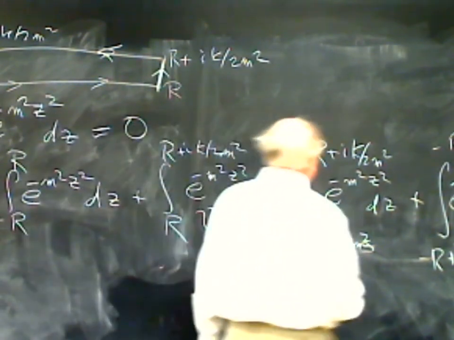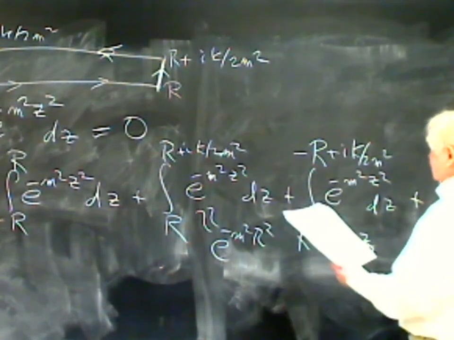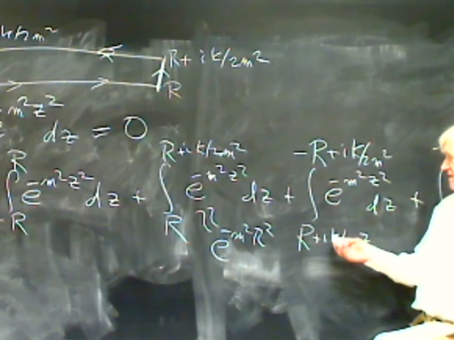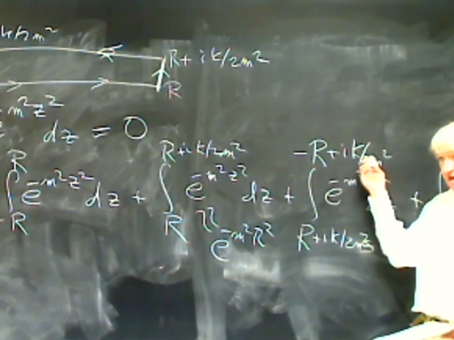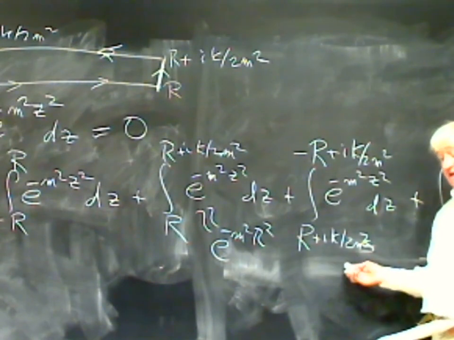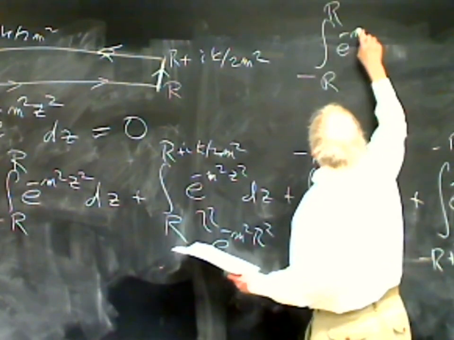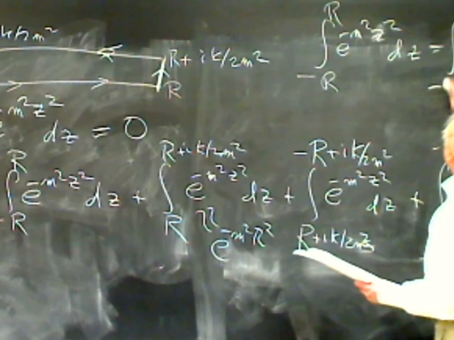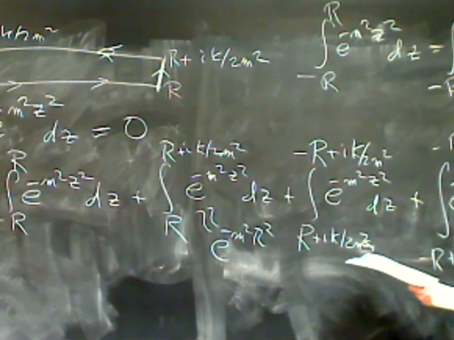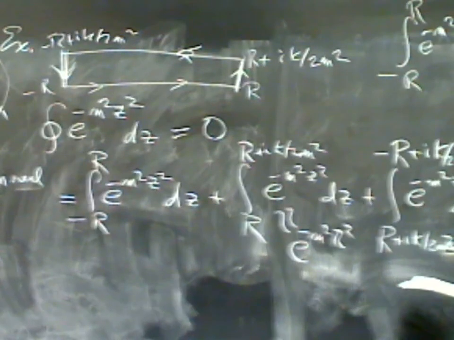And so what this tells you then is that since the sum of these is 0, and since the one from r plus I something to minus r plus I something is minus the integral from minus r plus I something to plus r plus I something, what we get is that the integral from minus r to r of e to the minus m squared z squared dz is equal to the integral from minus r plus I, let me just call this C, to plus r plus iC of e to the minus m squared z squared dz.